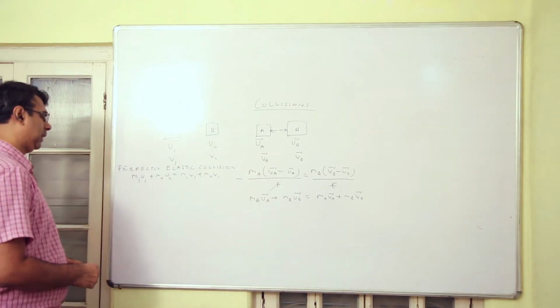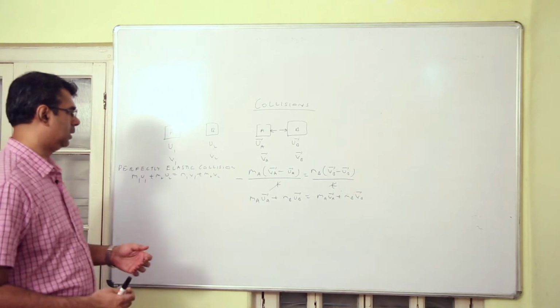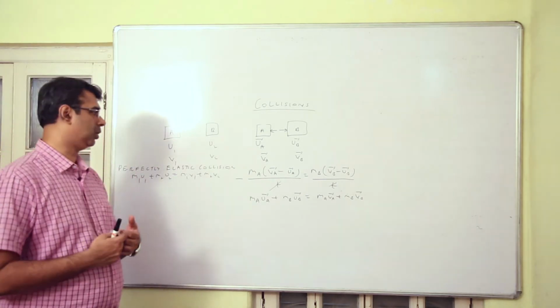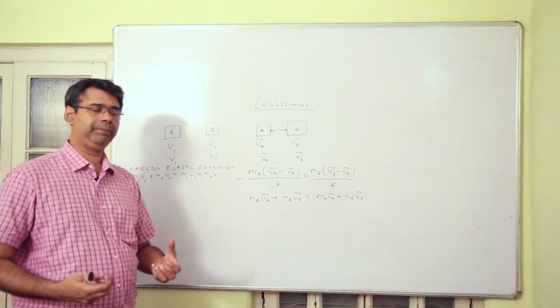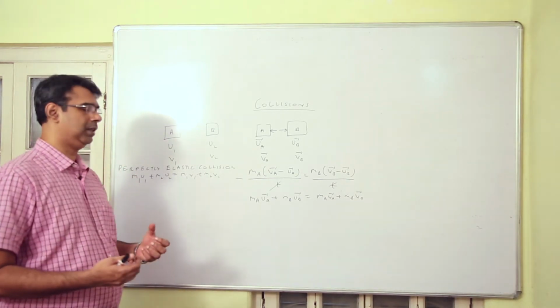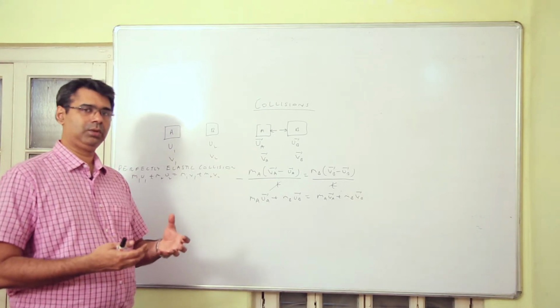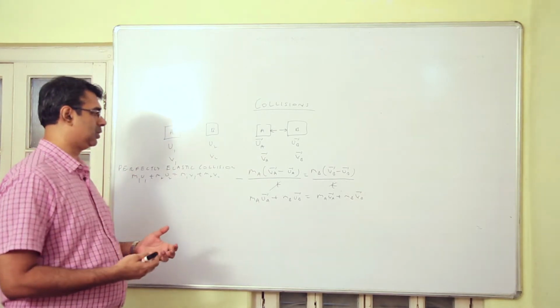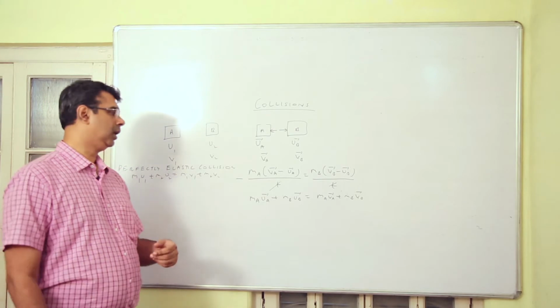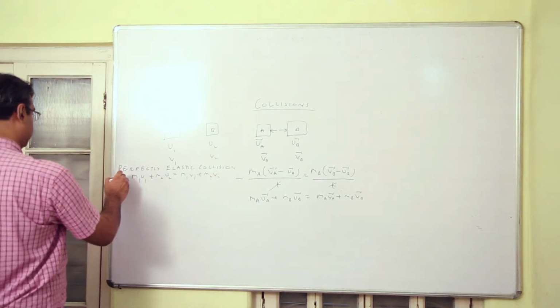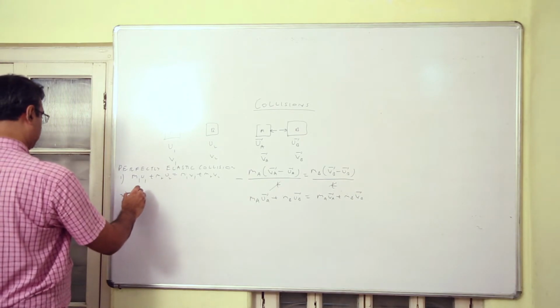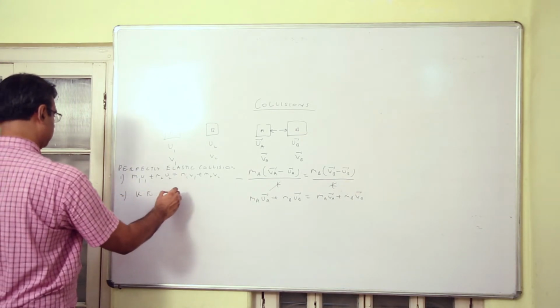In a perfectly elastic collision, the deformation of the two colliding bodies creates elastic potential energy within them, but because the deformation lasts only as long as the collision, that elastic potential energy is completely recovered and converted back to kinetic energy. So we can say that kinetic energy is conserved.